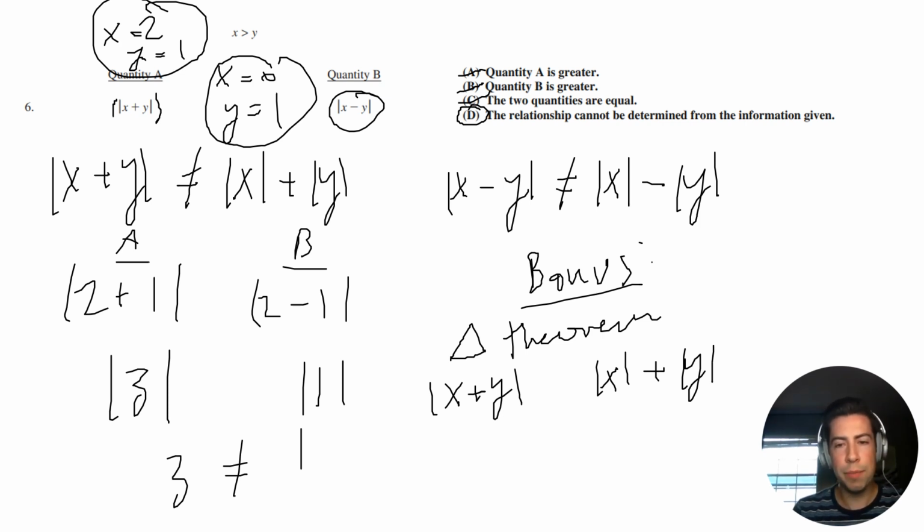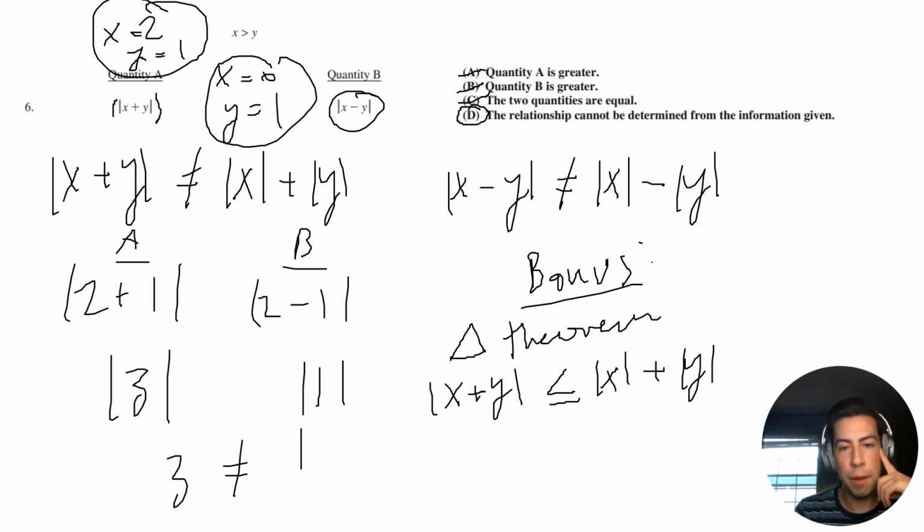What is this relationship here? What we can gather from the two examples I just did is that at the very least, this has to be greater. So this is either going to be greater than or equal to, okay?